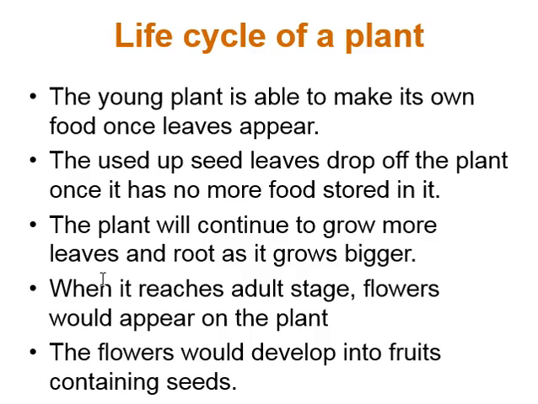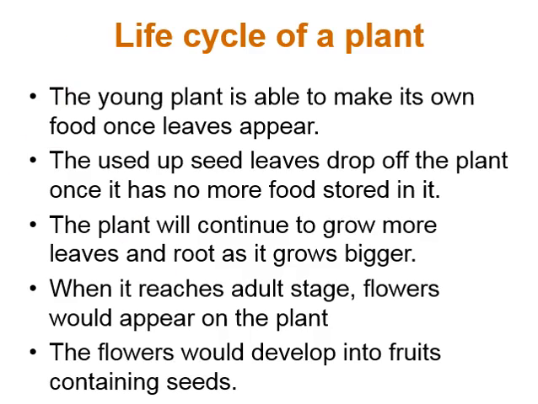But for my P3 and P4 students, just note that fruits and seeds come from flowers. All right, you must know this. That means whenever you are shown a diagram of a plant with fruits, it must have had flowers before, because fruits and seeds can only come from flowers. Okay. All right.